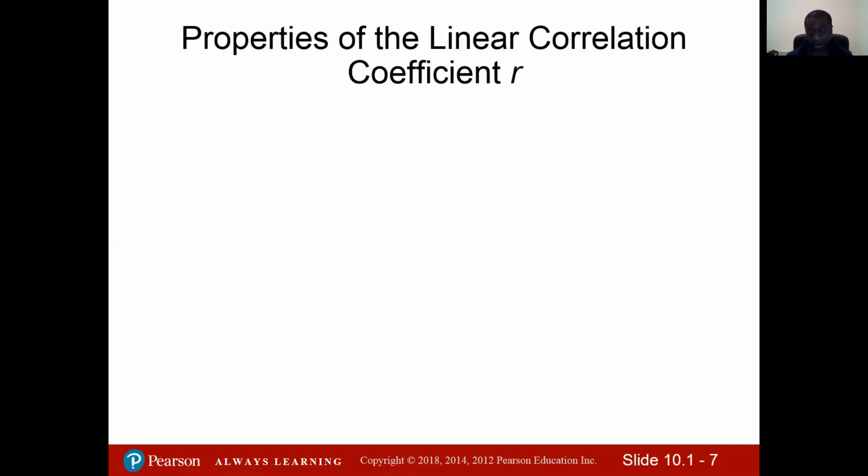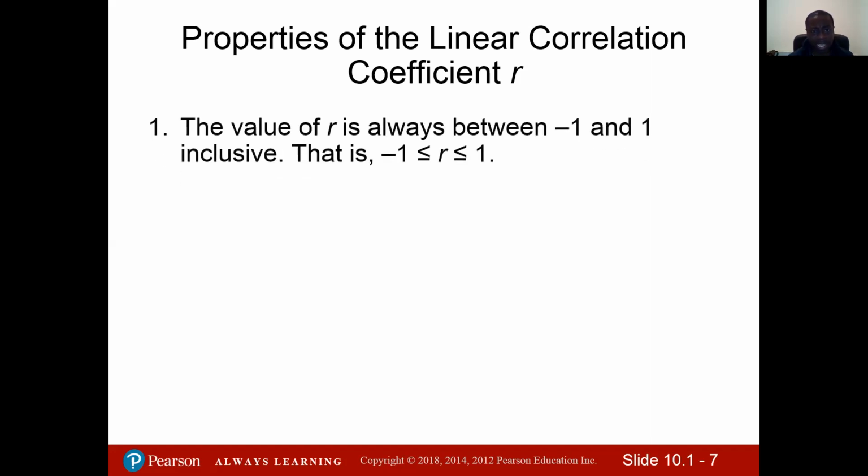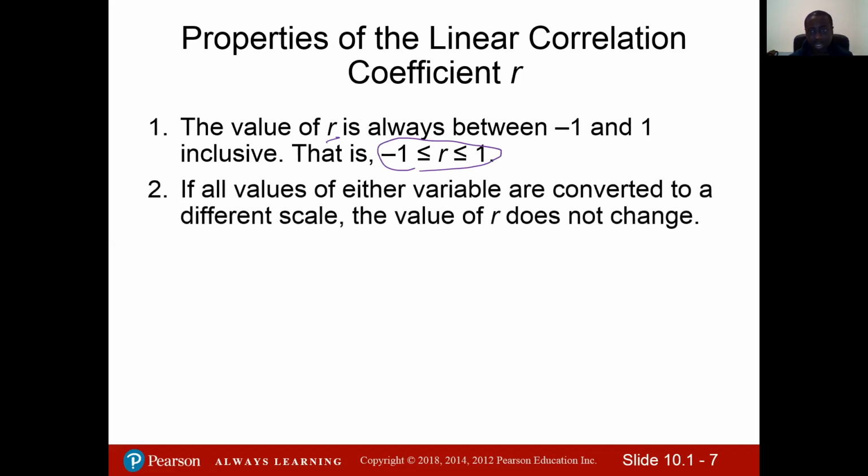From the various scatter plots that I showed you, you can see that first, the value of R is between plus and minus one, and the closer it is to positive one, the stronger the positive correlation, and the closer to negative one, the stronger the negative correlation. Second, if all values of either variable are converted to a different scale, the value of R does not change.